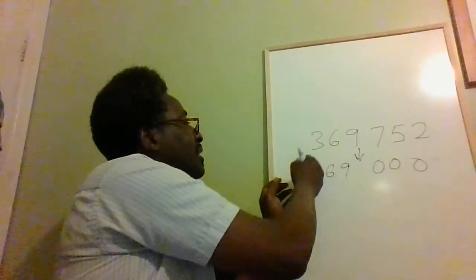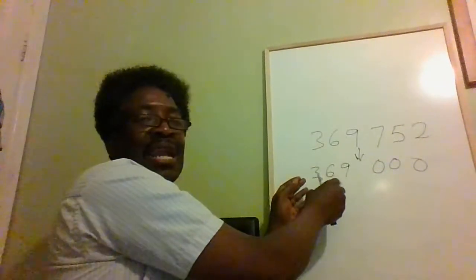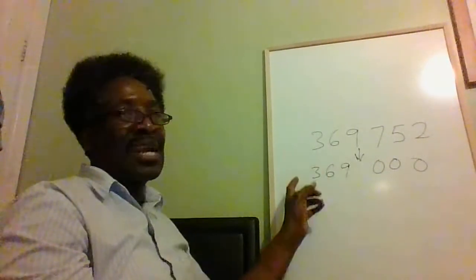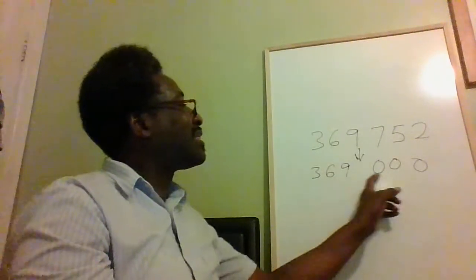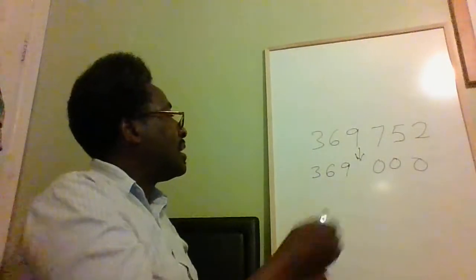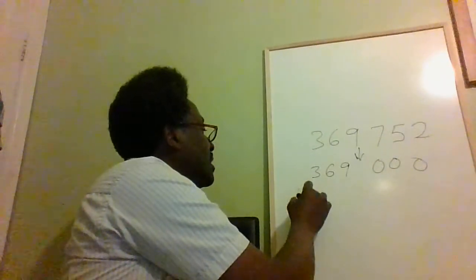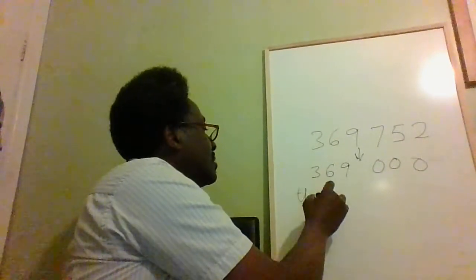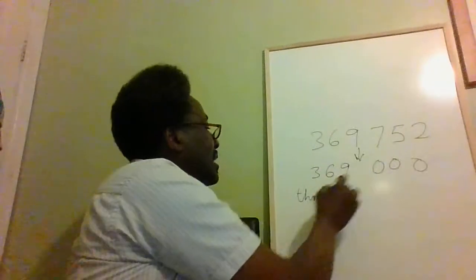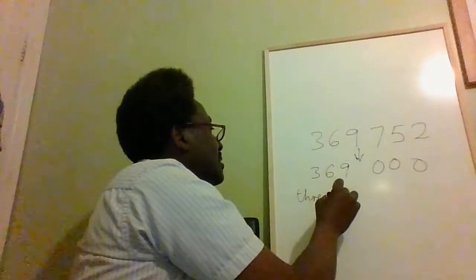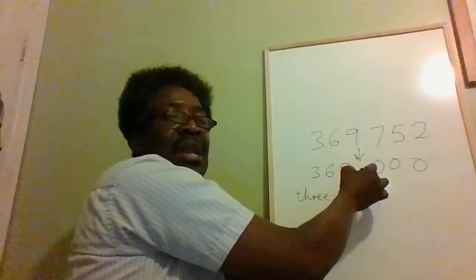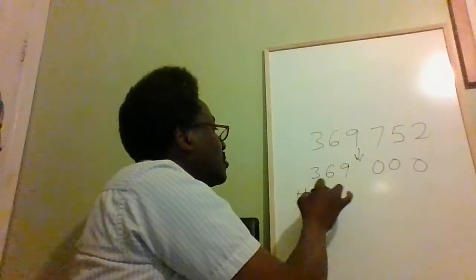Even though this 3, 6, and 9 is not actually 369, you're going to say 369,000. So this number here is 369,000. That's 369 lots of 1,000.